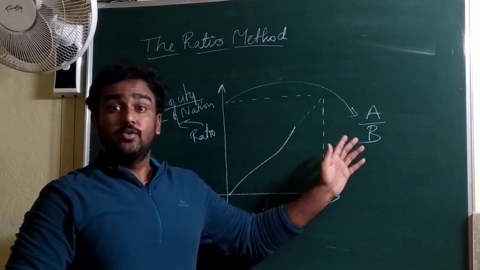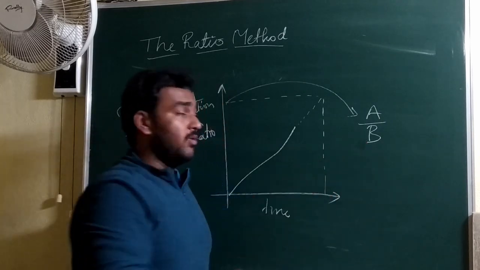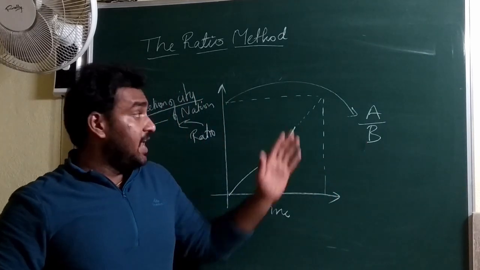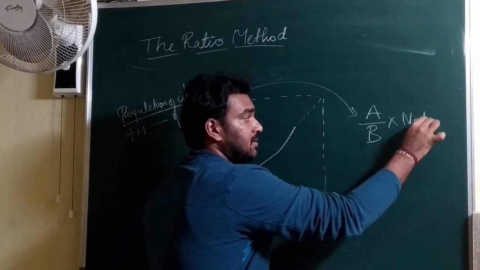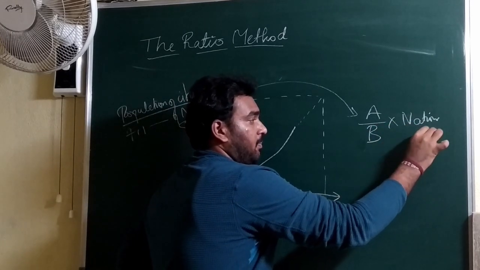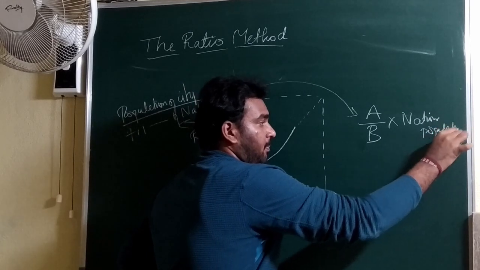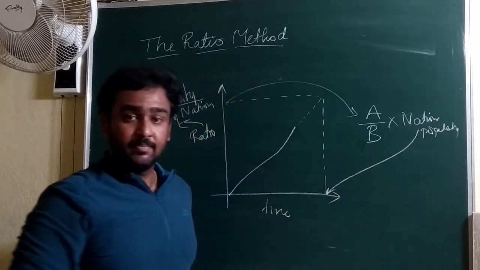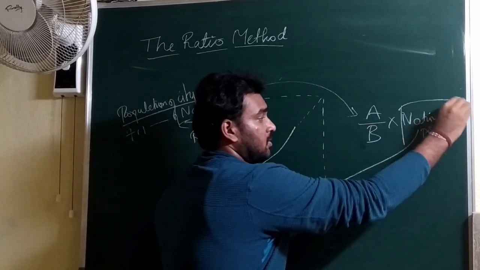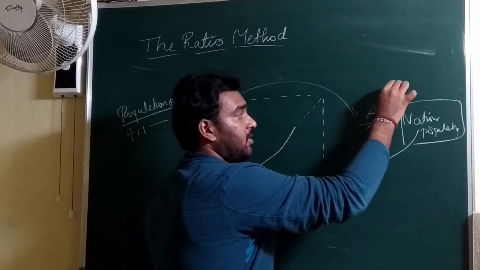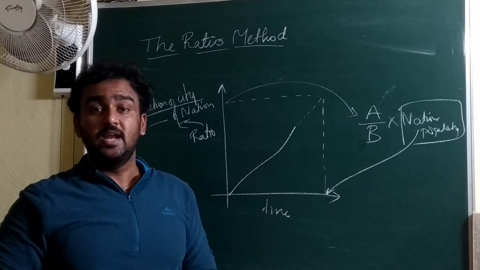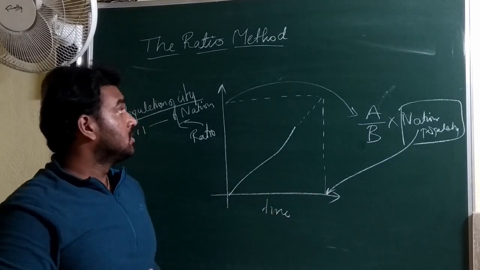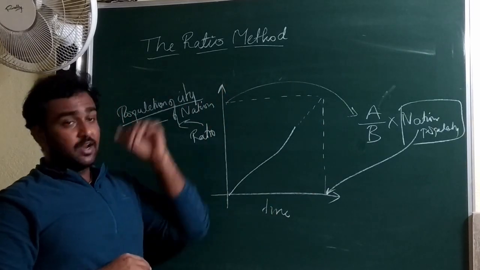For this ratio we multiply the nation's population at this time. Then we can find the population of the city at that time. So this is how the population is estimated in the ratio method.